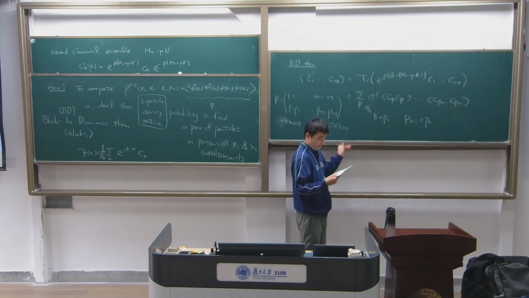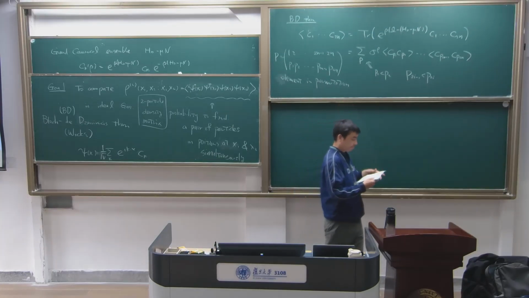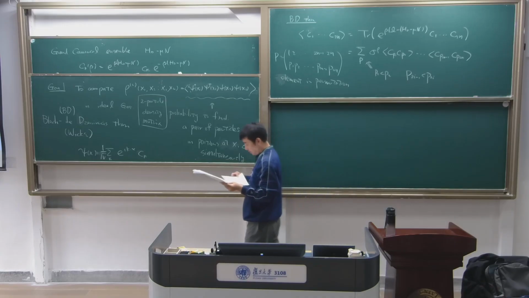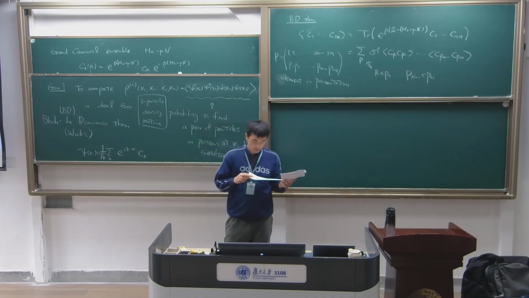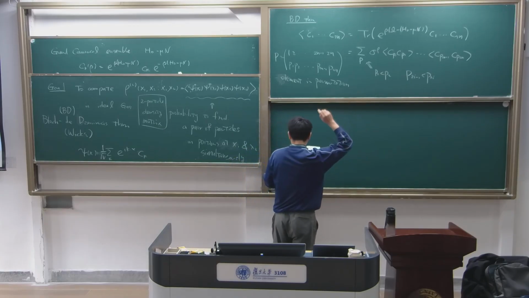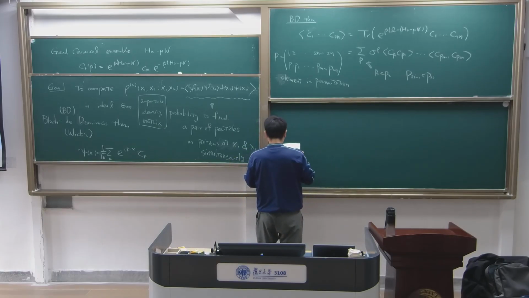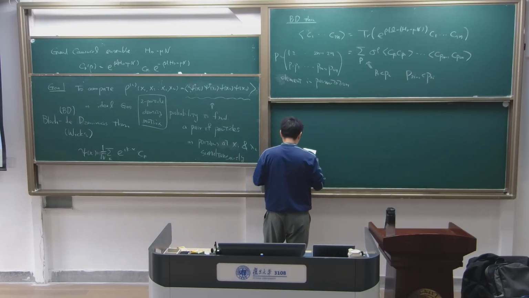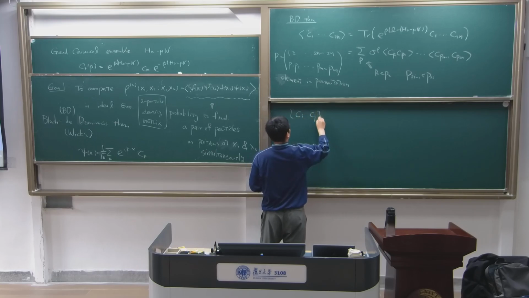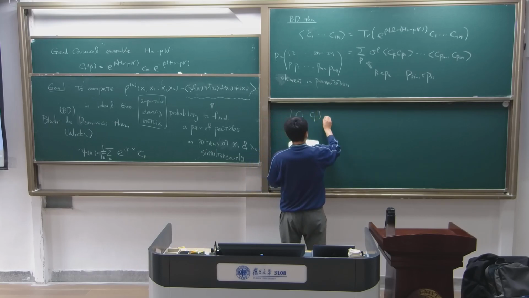Let's prove that. So the commutation relation of Ci and Cj, and sigma.